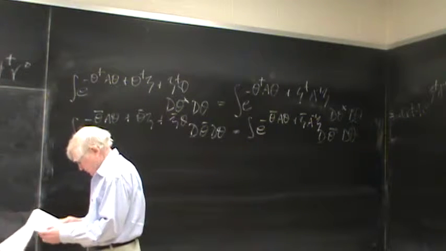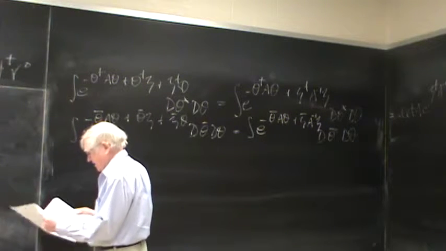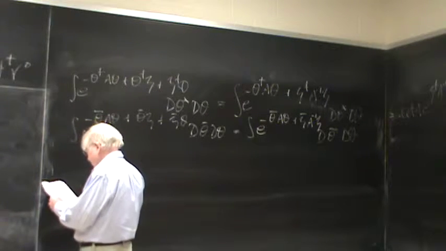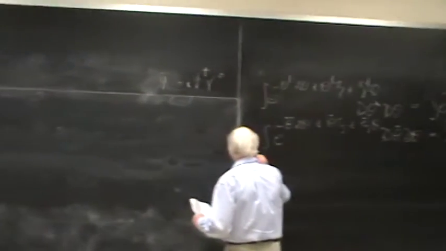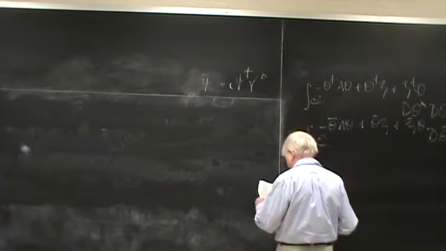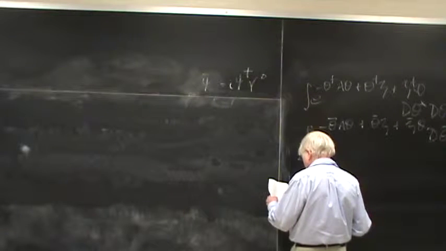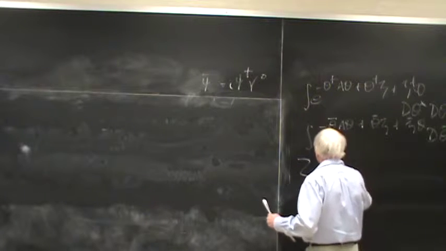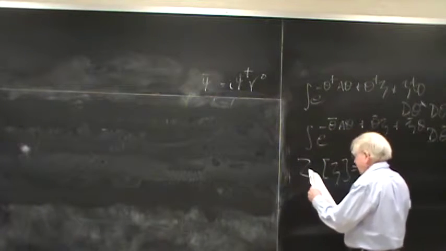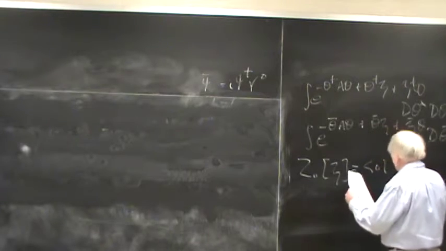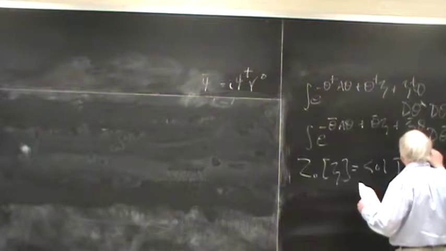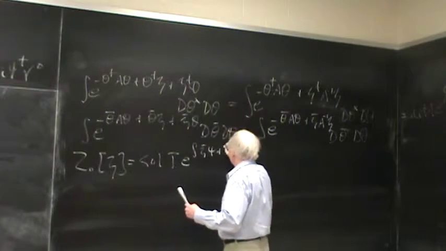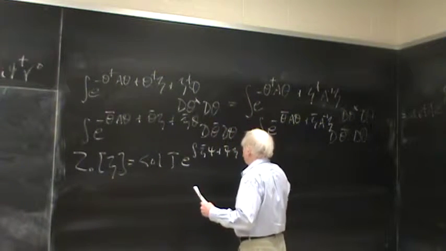Anyway, so this is the relation I want to use, and apply it to one of these Z's, and I'm going to change my definition of Z slightly. I'm going to have Z0 of zeta, the vacuum time-ordered product of e to the integral of zeta bar psi plus psi bar zeta, d4x.